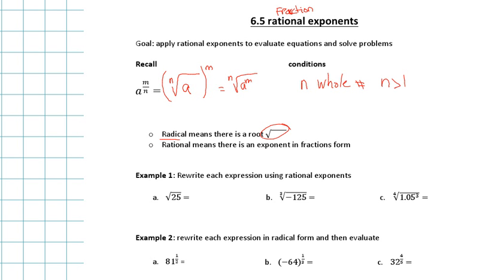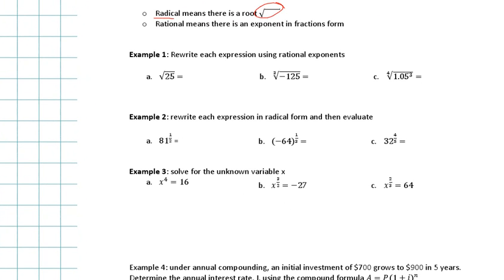So if I want to write this as a rational exponent, it will be 25 to the power of a half. Okay? Why to a half? Because you see there is an invisible 2 right here, right? And if I want to change it into a fraction exponent, it's going to be 1 over 2. Why is the square root gone?